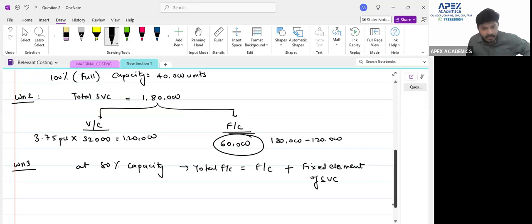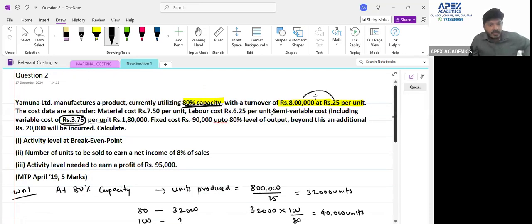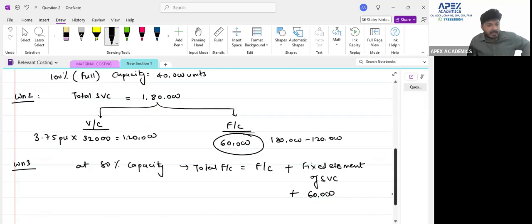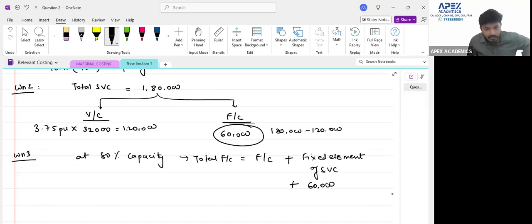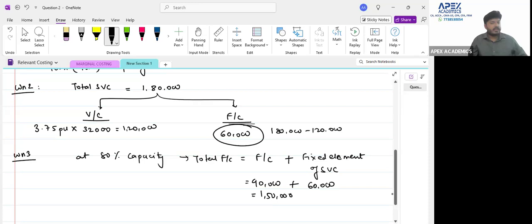What is the fixed element of the semi-variable cost? 60,000. And what is the fixed cost given in the question? 90,000 up to 80% level of your output. So at 80% capacity, it is 1,50,000.